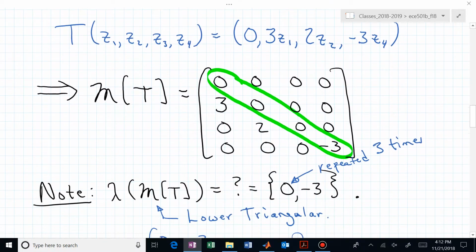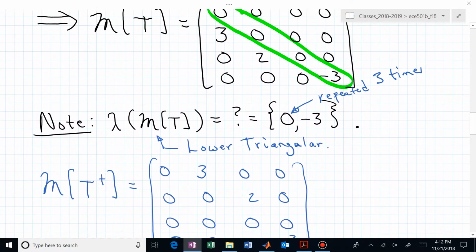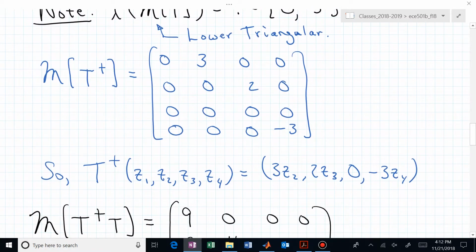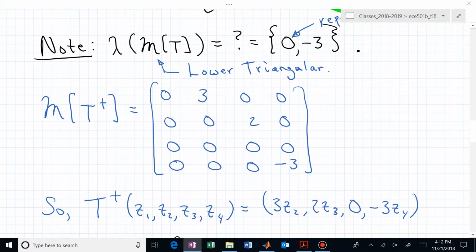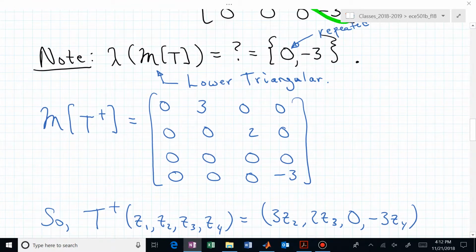In either case, we can form T dagger T, but before we do that, let's just remind ourselves of how we could go from this matrix representation of the adjoint of T into its linear operator.